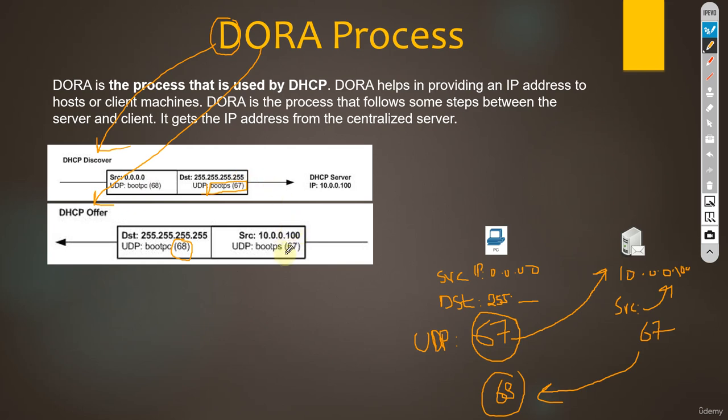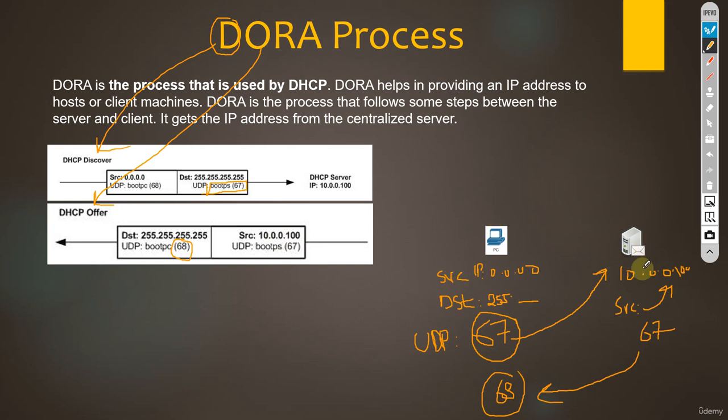And because the server is now responding, my port number is 67 and I am heading toward 68. So the source is 10.0.0.100, which is the IP of this DHCP server, because the DHCP server will always be configured manually with the IP. Only the client machine is not having an IP address.